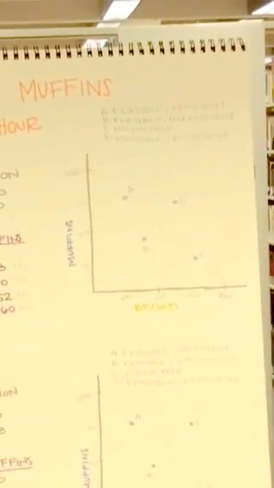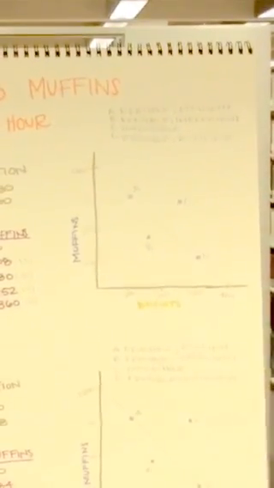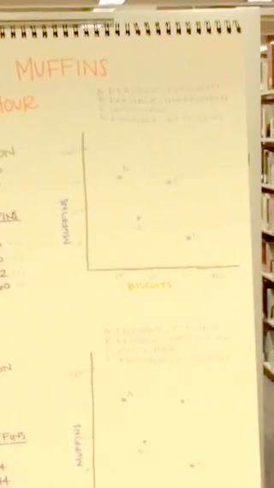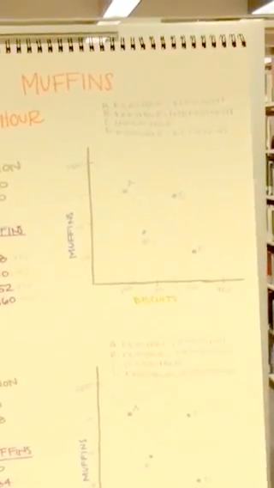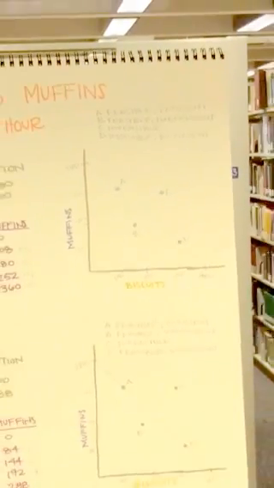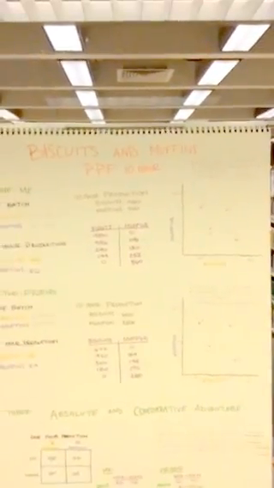And C is infeasible because we cannot make that much production within the 10-hour production. And D is feasible and efficient because it is on the PPF line and it is able to balance out the two goods. And that covers my side of the production.